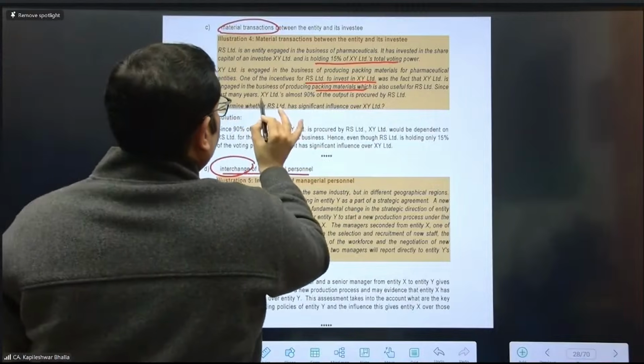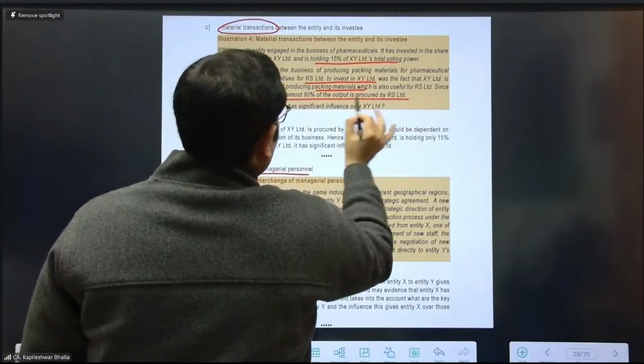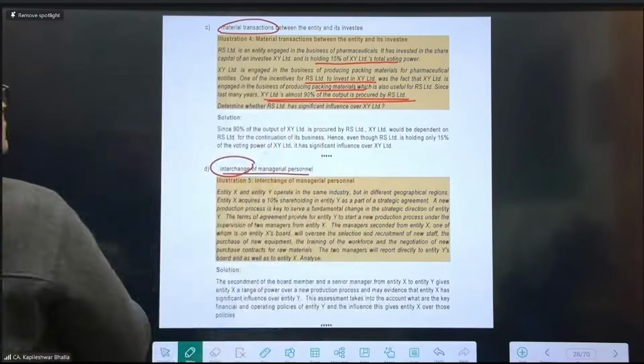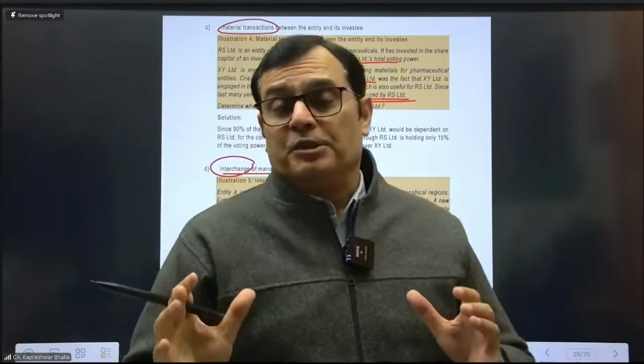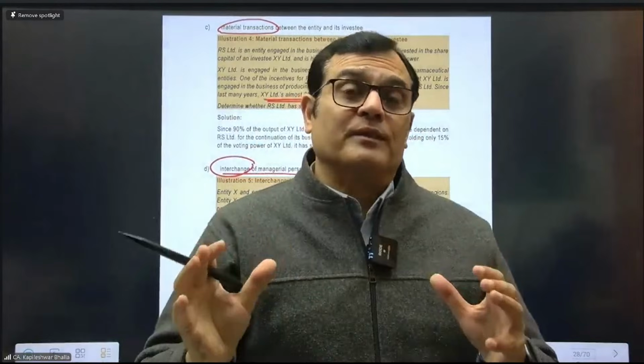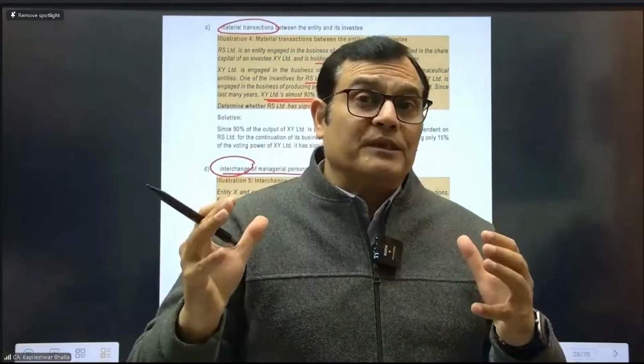Since the last many years, almost 90% of XY's output is procured by RS. Since they are dealing with each other, 90% of the transactions are being dealt with each other.